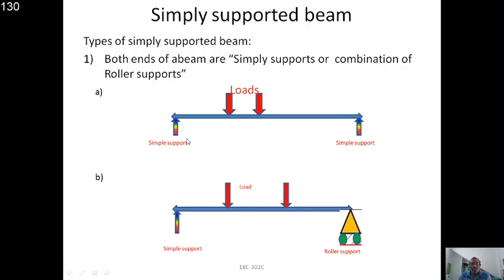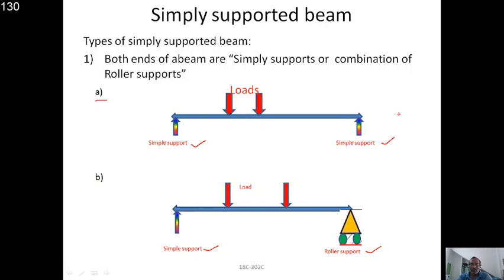If you see in this figure, the supports at both ends are simple supports in figure A, whereas in figure B, one is a simple support and the other one is a roller support. But you see that these supports can resist only vertical loads.